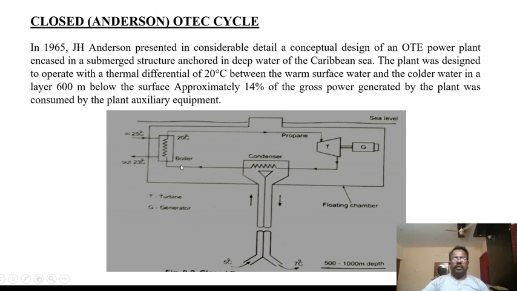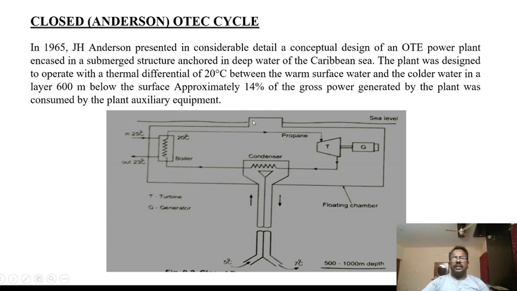This is what we call the working fluid. The temperature of the seawater will be transferred to the working fluid here, and this working fluid extracts the work so that the final product will be electricity.